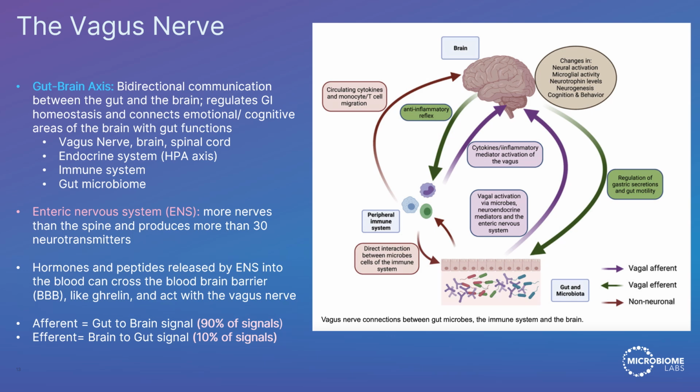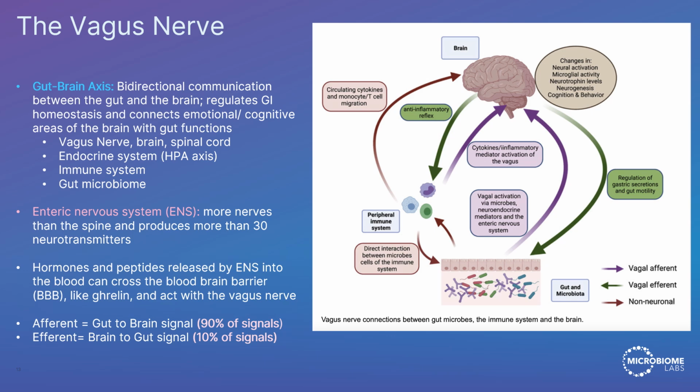One peptide and hormone that we think about is ghrelin, our hunger hormone, that is able to cross the blood-brain barrier and can change our hunger cues. When we think of the communication style between the gut and the brain, there is a difference in which organ is sort of the chatty or extroverted friend and which one is more quiet and introverted.